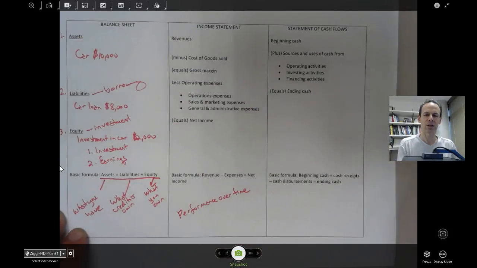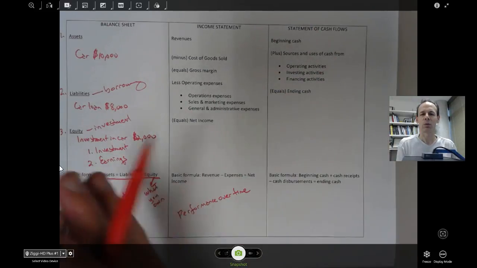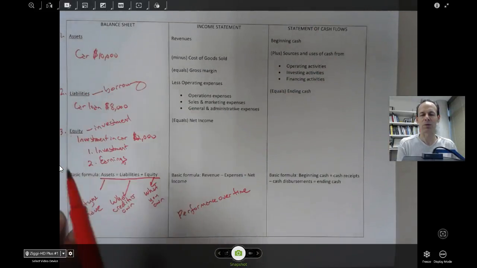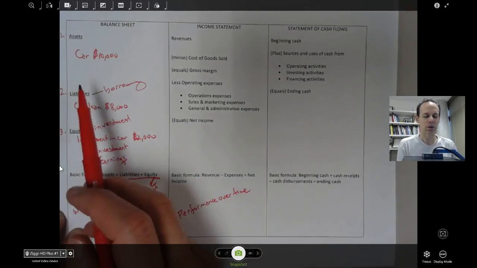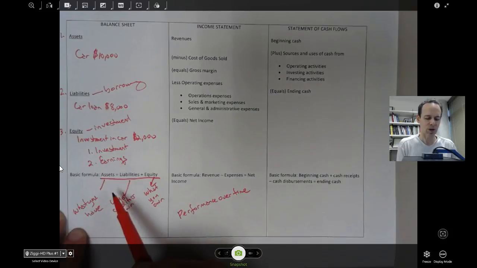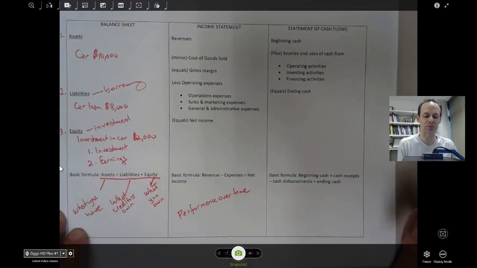The balance sheet, in essence, is a static document. It shows what we have at a particular point in time. So oftentimes when we're evaluating performance over time, we will look at the balance sheet before performance and the balance sheet after performance to see whether or not we've increased what we have and whether or not we have also increased what we own of what we have, and to consider the possibilities for financing expansions in what we are doing with regard to our business model.